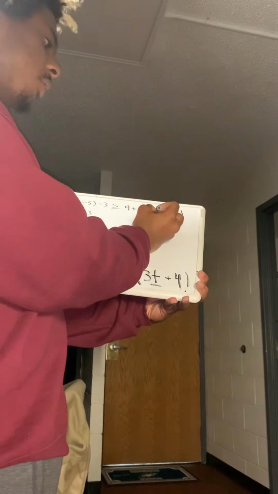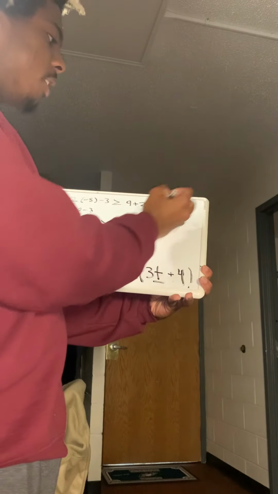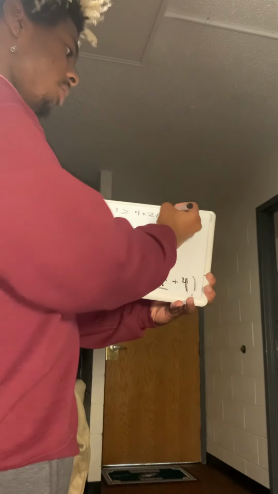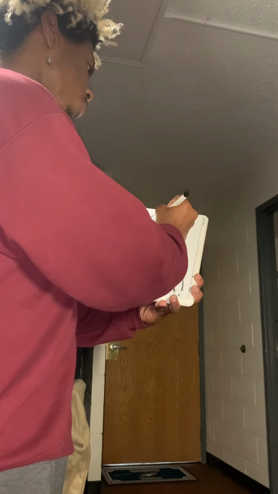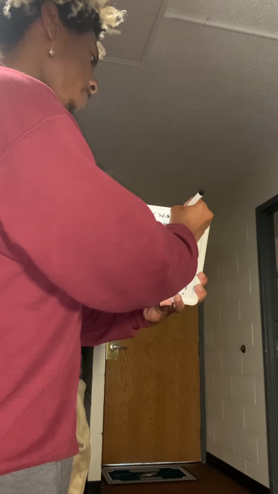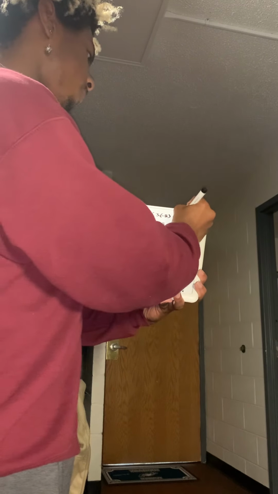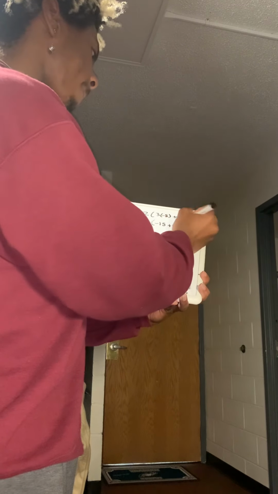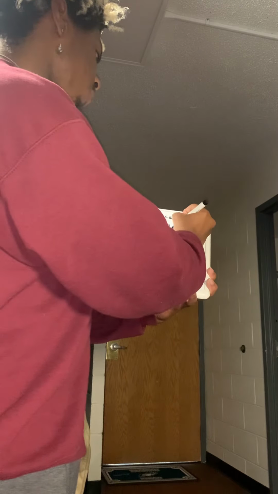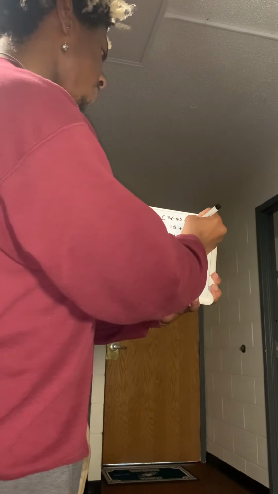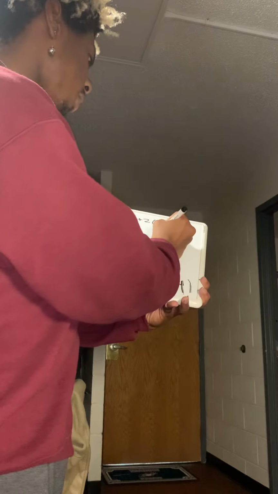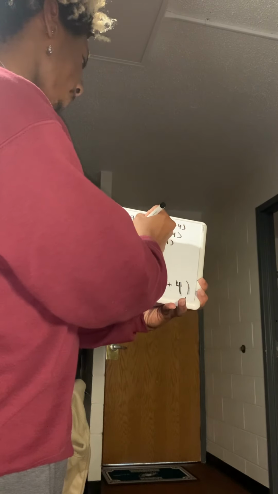2 times, first you have to solve the things inside the brackets. That would equal negative 10 plus 4, which would equal negative 6, times 2 plus 9.